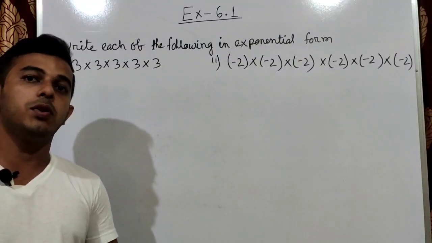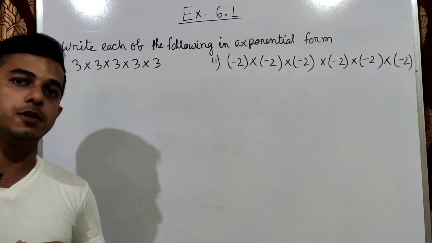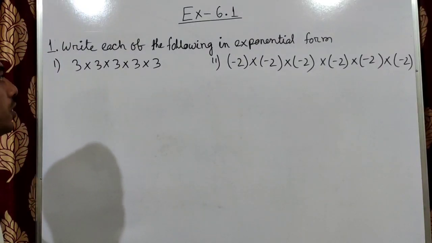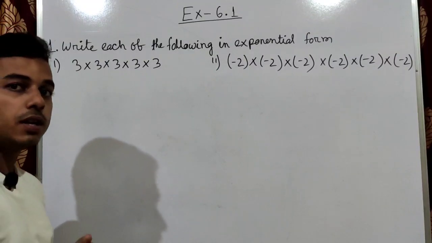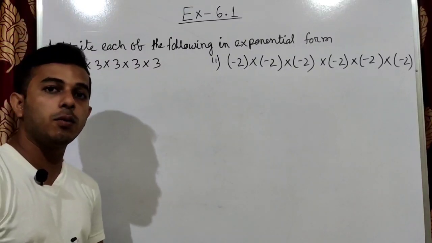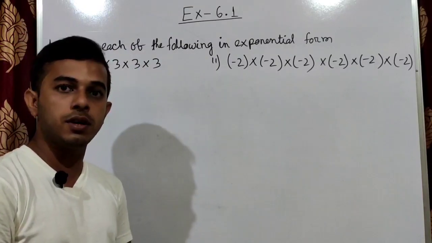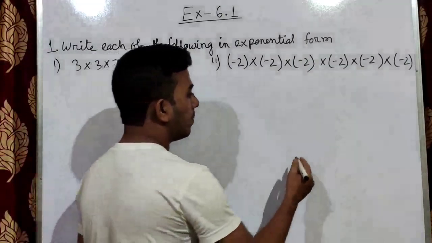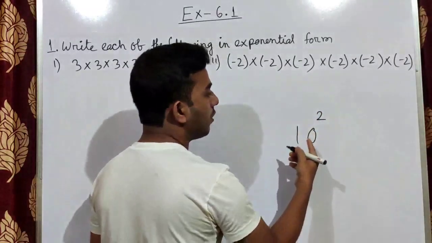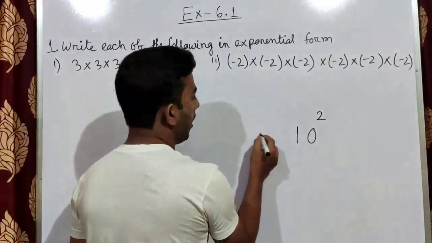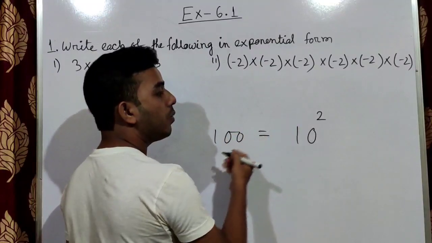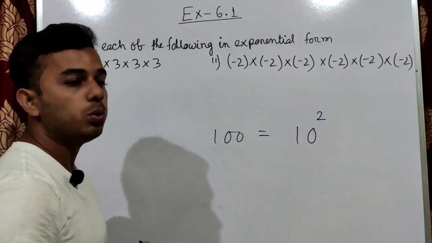So now we are here with our first question of exercise 6.1. Here the question is, write each of the following in exponential form. In our previous class we came to know what is exponential form, that is the form which is base and its exponent, right? For example, let us write 10 to the power 2. This form is known as what? Exponential form. And the original form is 100. We can write 100 equals 10 to the power 2, right?